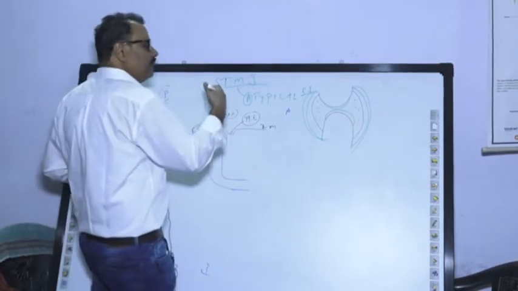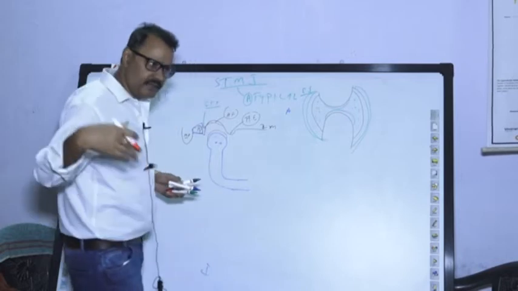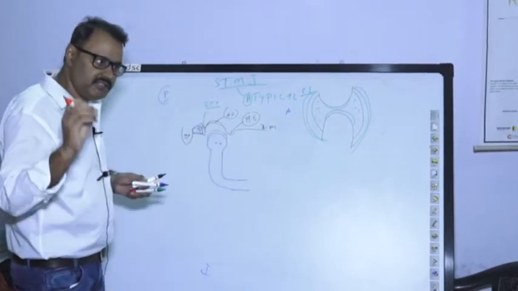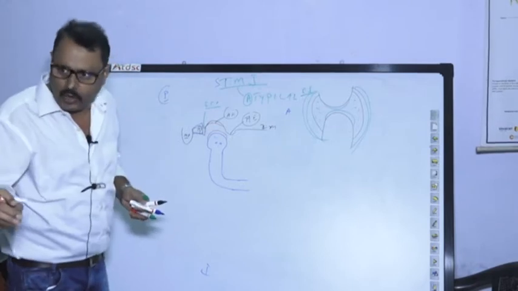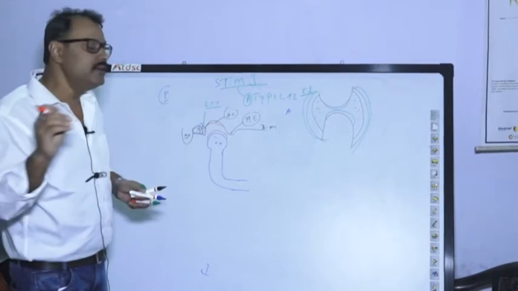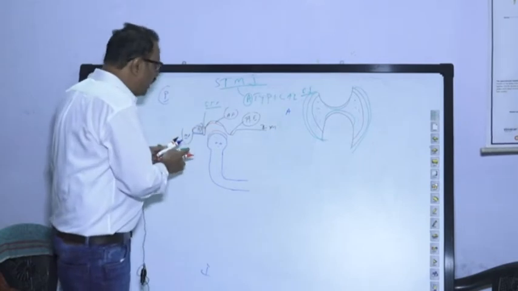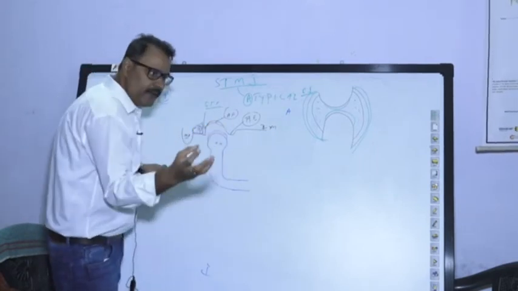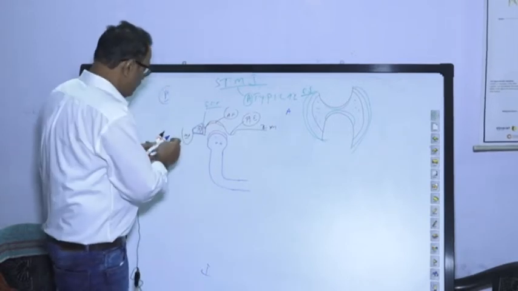It could be of any nature, hyaline or fibrous, but it is called articular cartilage because articular means situated inside the joint. That's why the term articular has been coined. So articular means joint. Now this much area is covered by the articular cartilage.